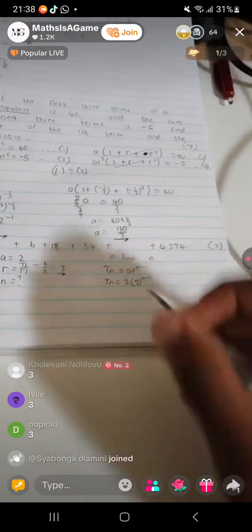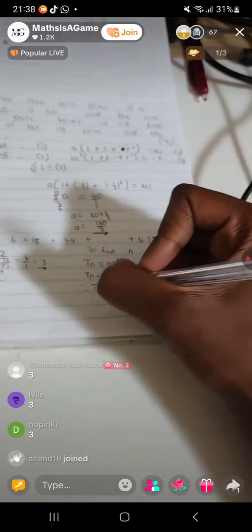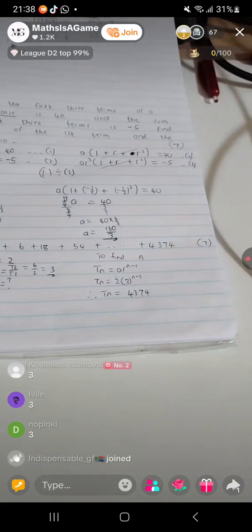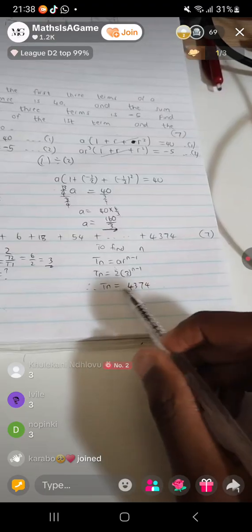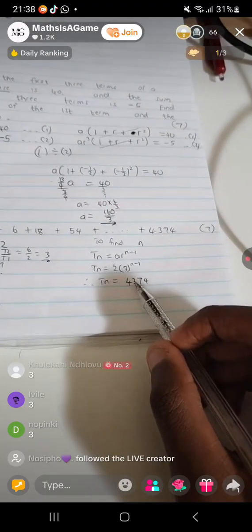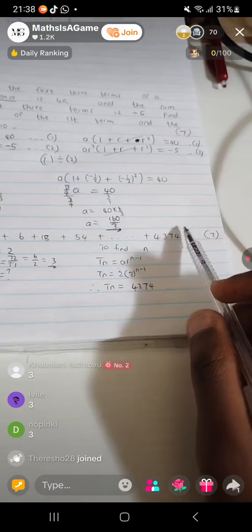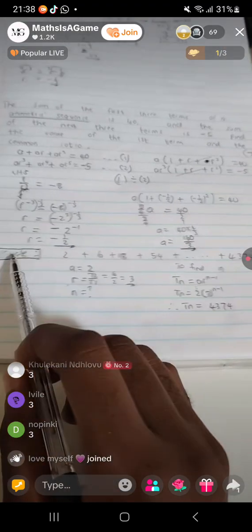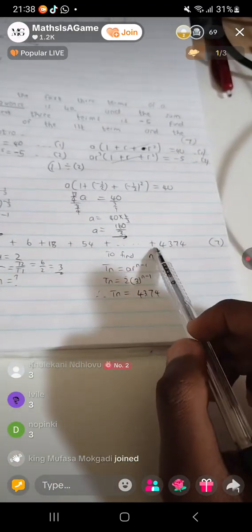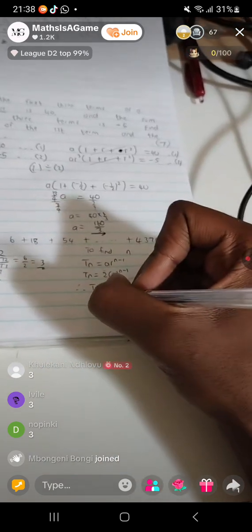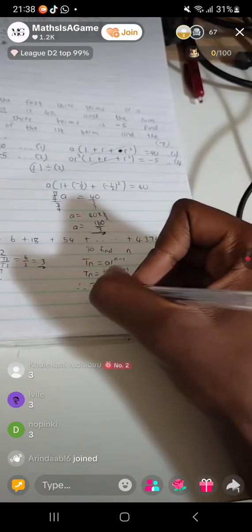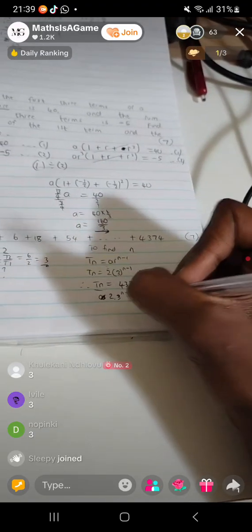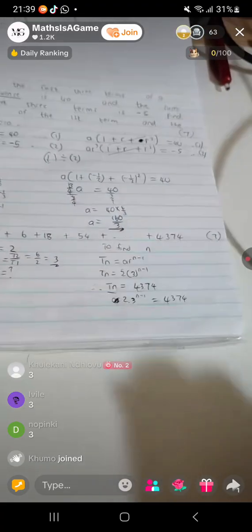So that is Tn. And after that, we take Tn, we equate it to 4,374. Why do we equate it to 4,374? It's because we know that 4,374 is the last term in our series. So if we can find the position of that last term, remember Tn is 2 times 3 to the power n minus 1 equal to 4,374.